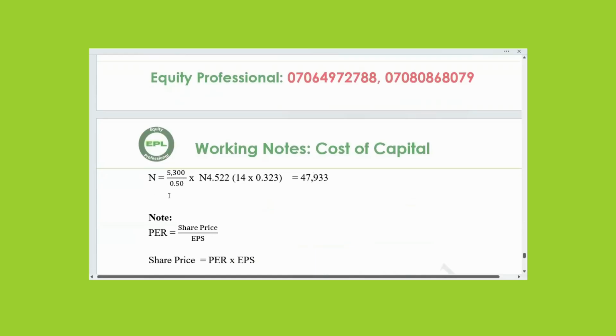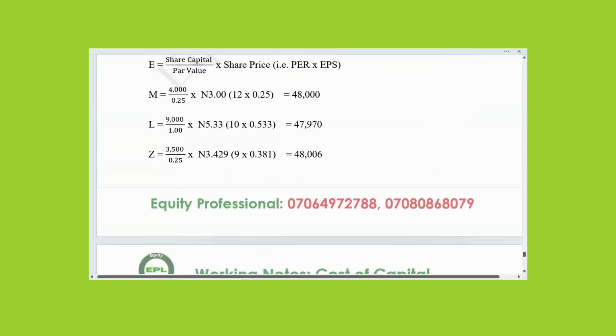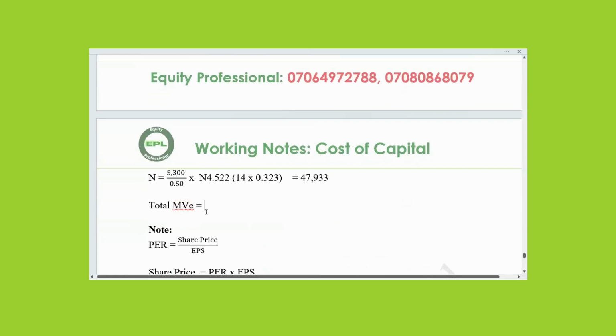So we then need to get the total value of equity. Total market value of equity would then be equal to, you had the four of them together. What do you have?